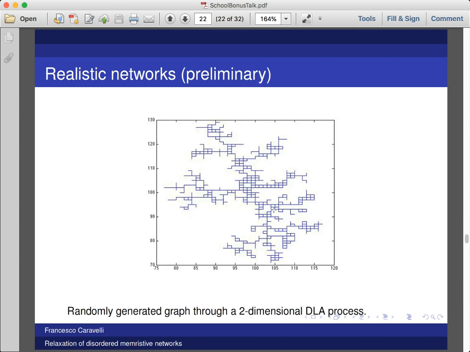And in realistic networks, though, the networks are non-random. For instance, in the experiments made by the group of Vizianis and collaborators, you see that usually these networks are not so complex, but they are two-dimensional, and they follow this fractal pattern, and usually these are called diffusion-limited aggregation networks.